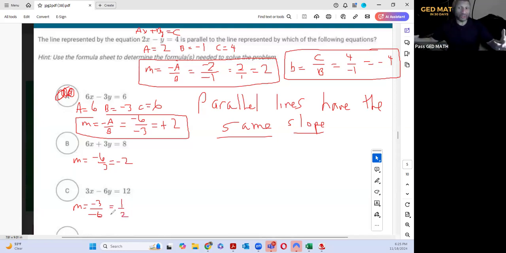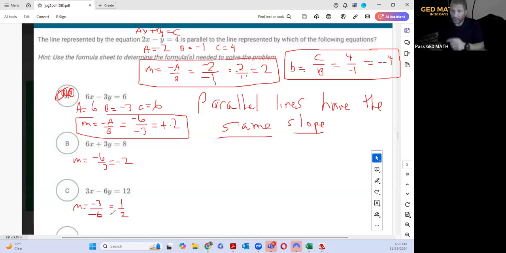So what I did was I gave you a way, step by step, to do it. First of all, we identified the equation as standard form, AX plus BY equals C. So first I wrote standard form right over the top of the equation so that you can identify A, B, C. Once you identify A, B, and C, you should know that the slope is the opposite of A over B. To find the y-intercept is C over B. You do the same process for each problem.